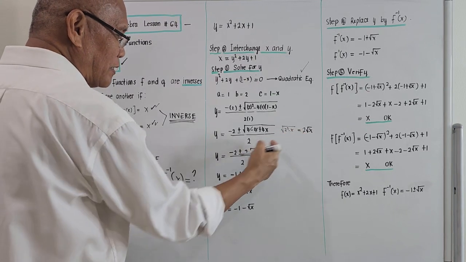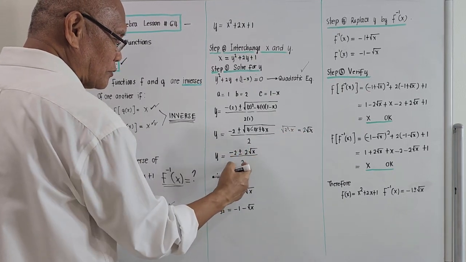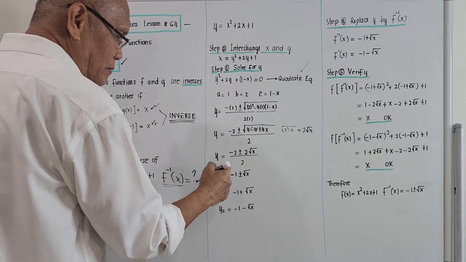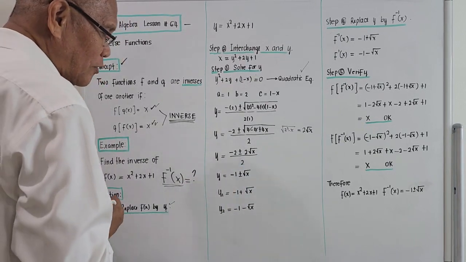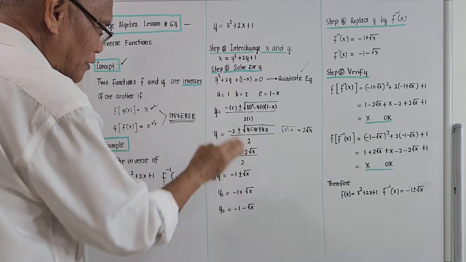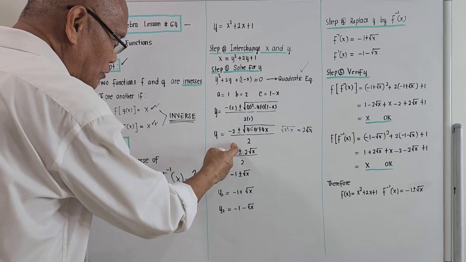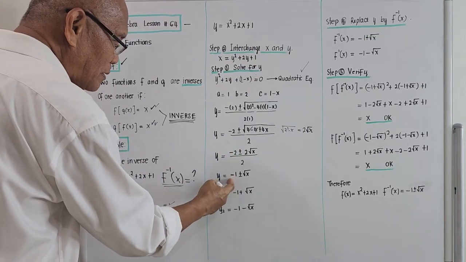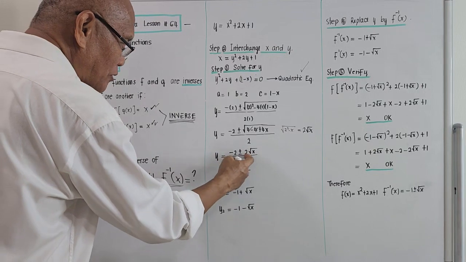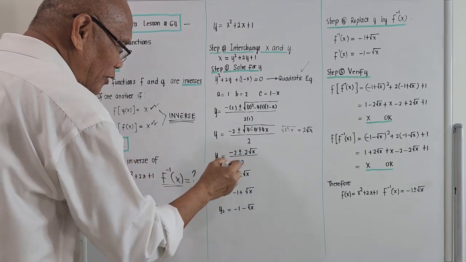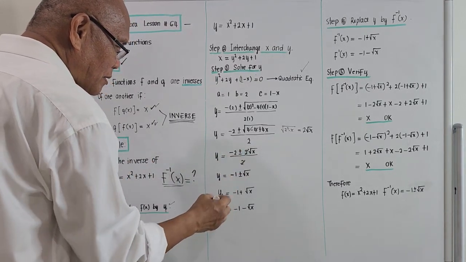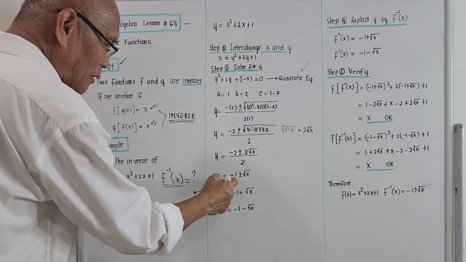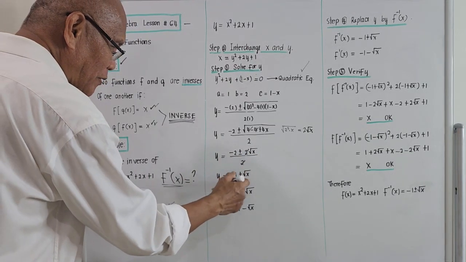We bring out 2 already, this is 2, the square root of x over 2. Okay, we divide the common denominator for all the terms of the numerator. So minus 2 plus 2 will be negative 1. A plus or minus 2 the square root of x, the coefficient cancels, right? So y now will be equal to negative 1 plus or minus the square root of x.